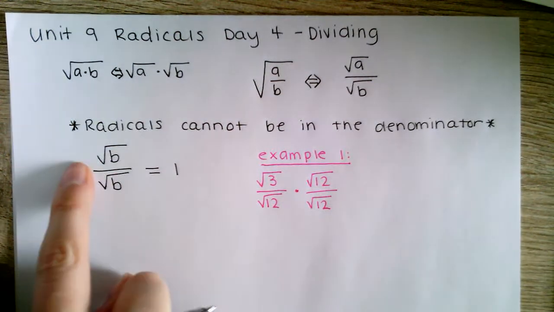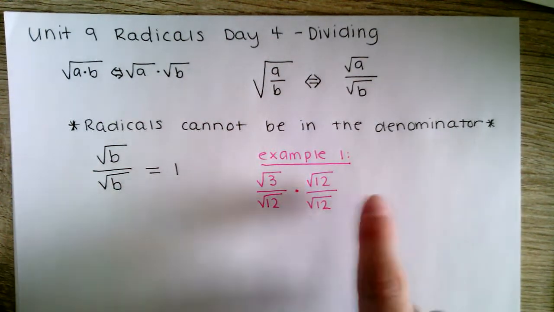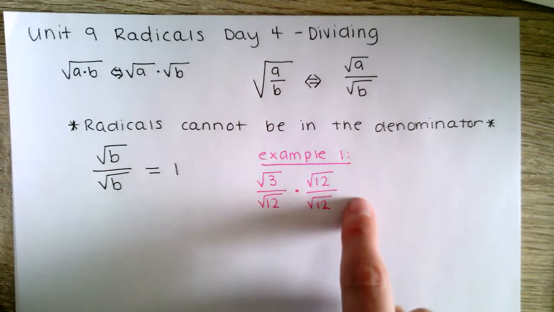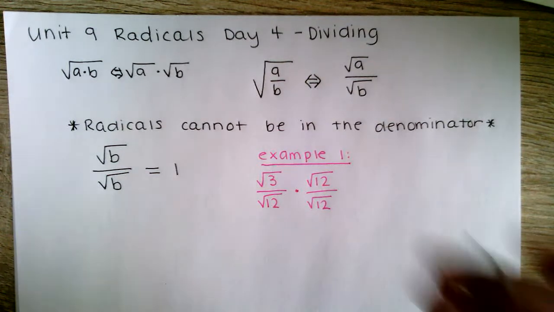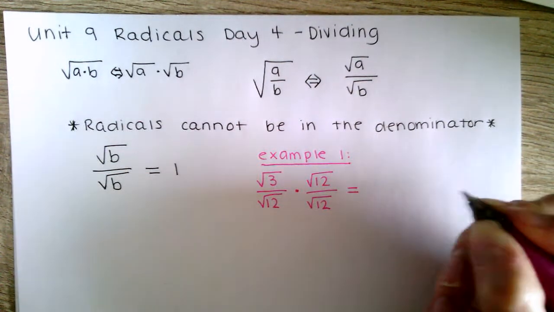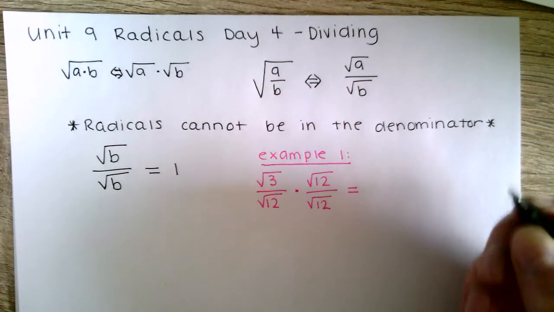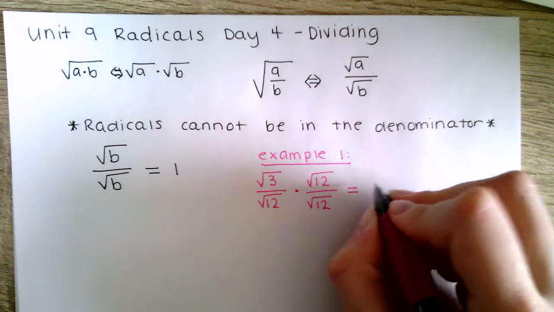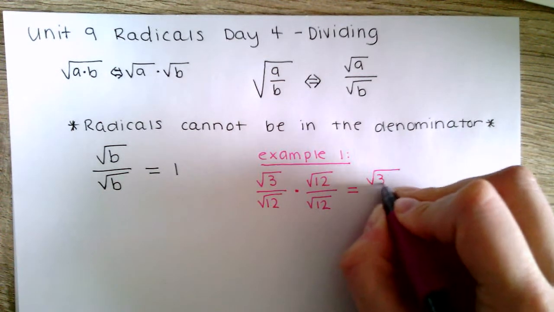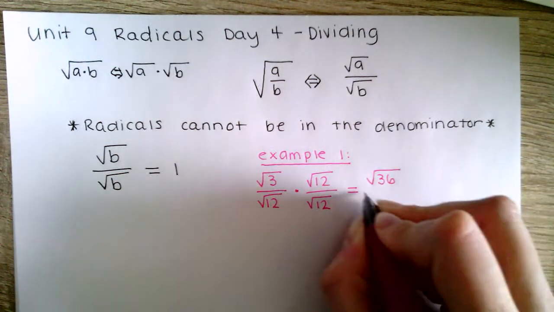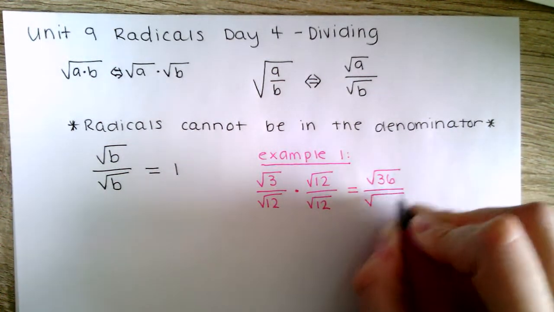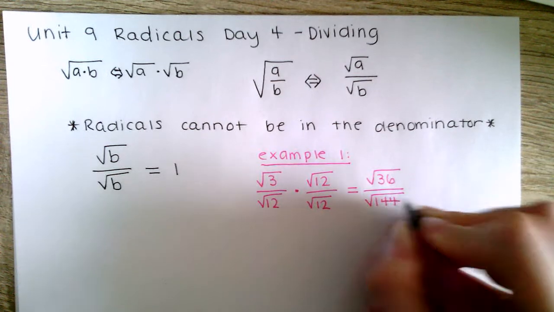Just like we said, any radical over itself is equal to 1. So multiplying by radical 12 over radical 12 is like multiplying by 1, so it's not going to change the value of the problem. It's just going to change the way it looks. So 3 times 12 are both underneath the radicals, which gives us 36. And 12 times 12 gives us 144.